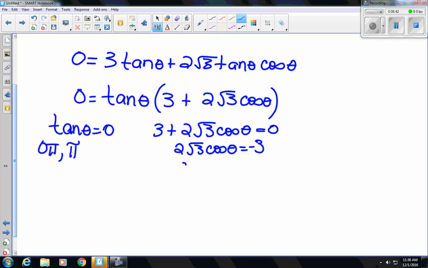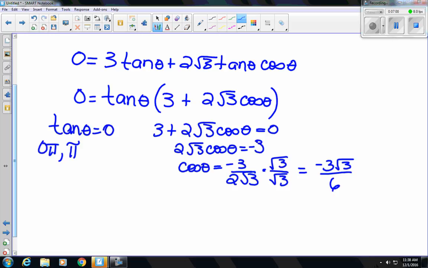Okay, so cosine of theta equals negative 3 over 2 root 3. So rationalize. So this would be root 3 over root 3. Negative 3 root 3 over 6, which reduces to negative root 3 over 2.